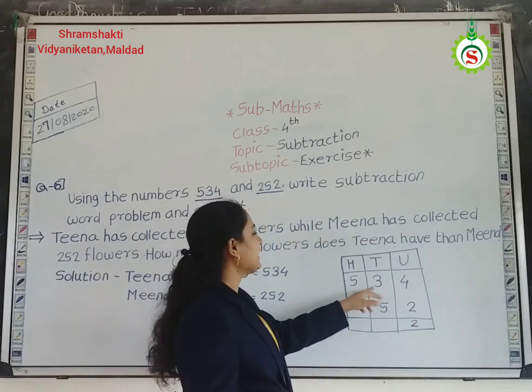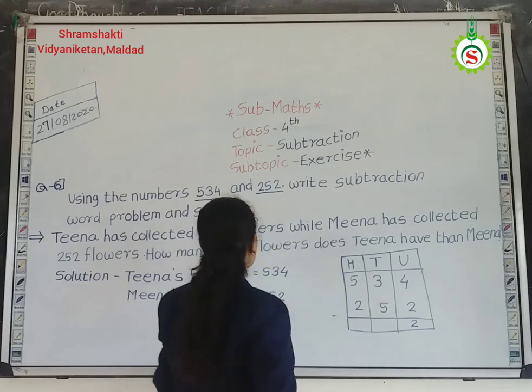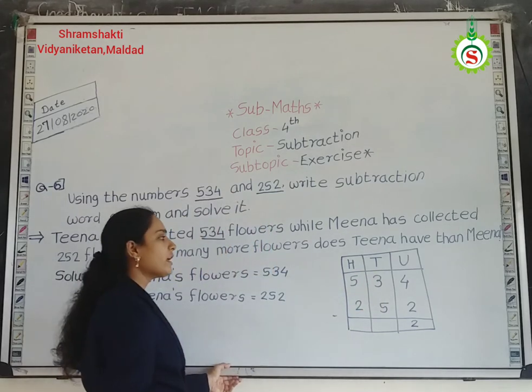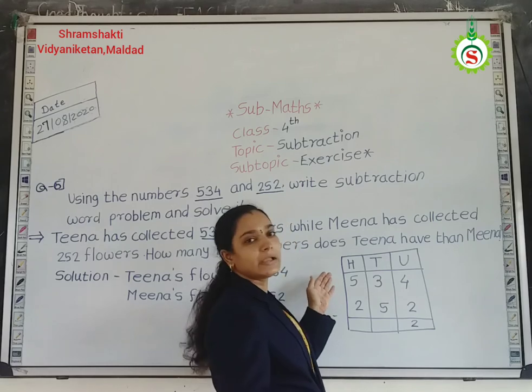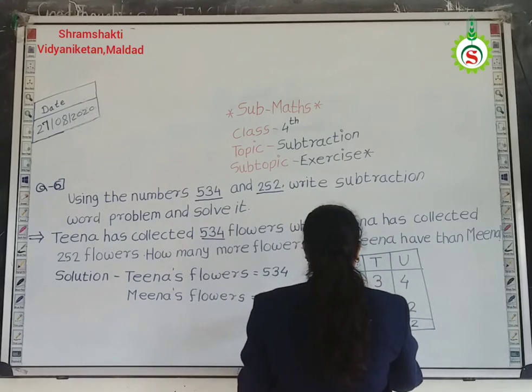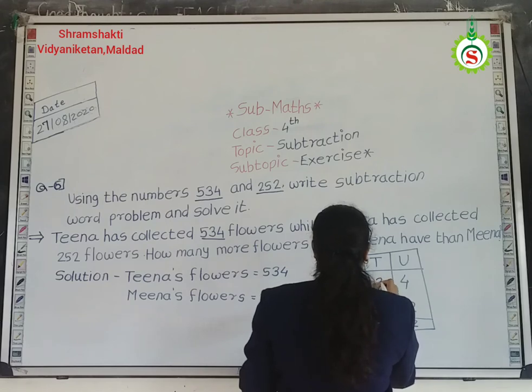Then 3 tens minus 5 tens. Is it possible? No. Therefore, take a borrow from the neighboring place. So here 500 is given. Therefore, take a borrow.